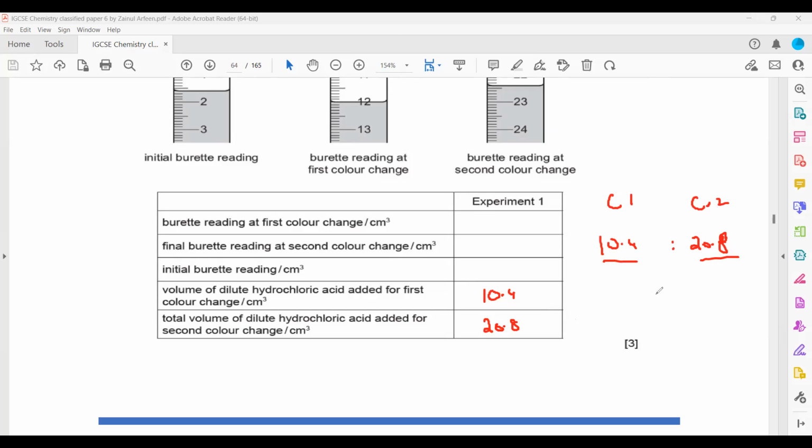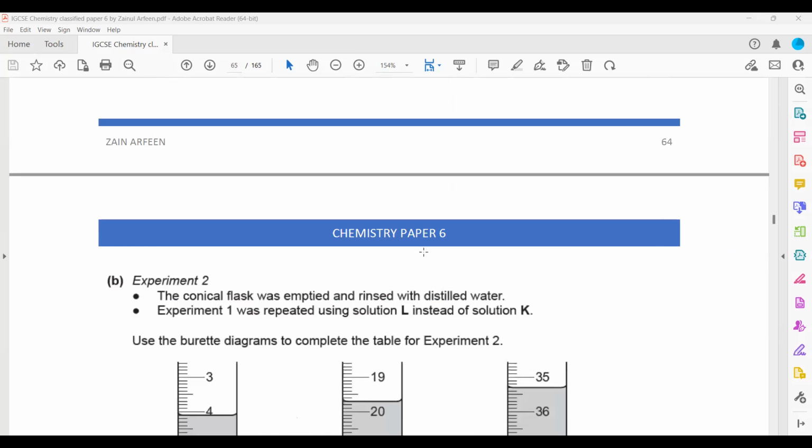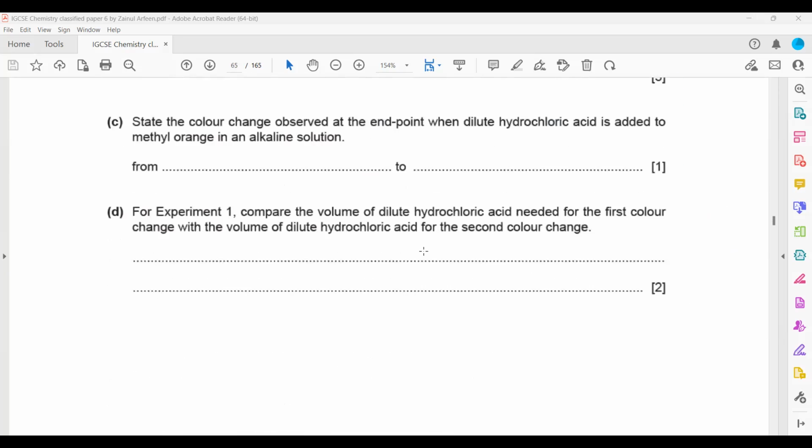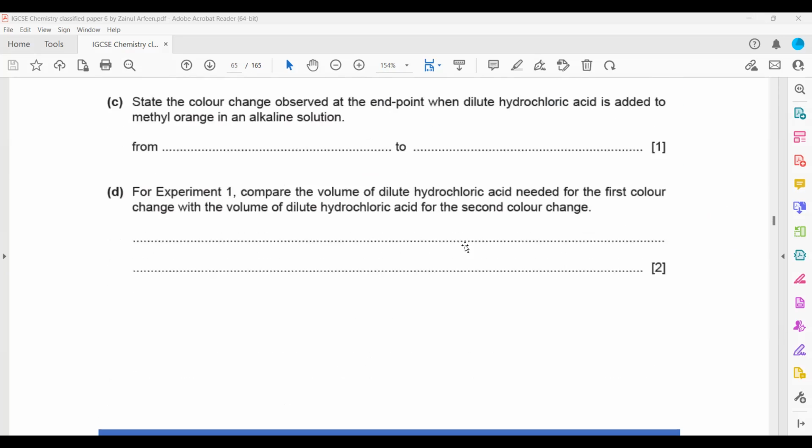1:2. You can see that for the second color change, the volume needed is twice as compared to the first color change. Because one is 10.4, another is 20.8, it's double. Or you can also say the volume for the color change is double, or twice, or 1:2 is a ratio.